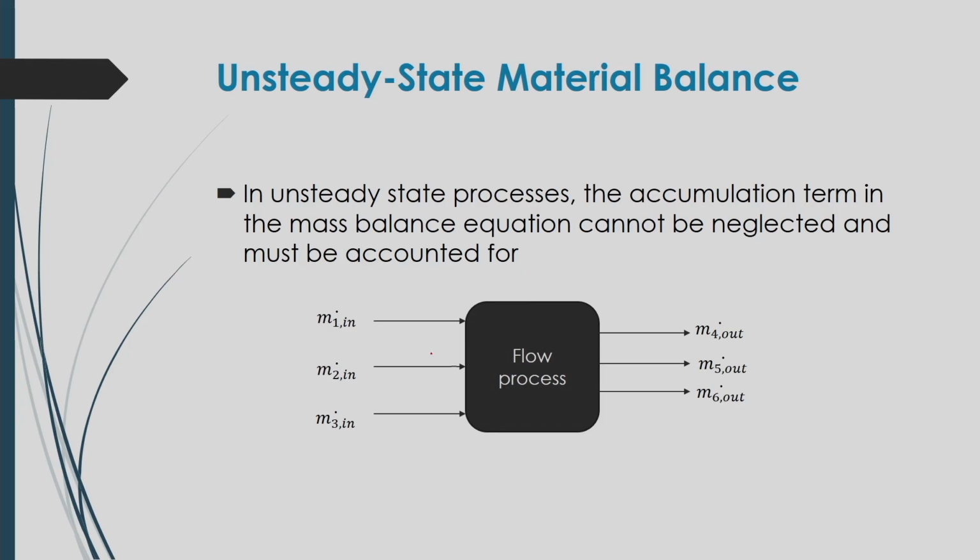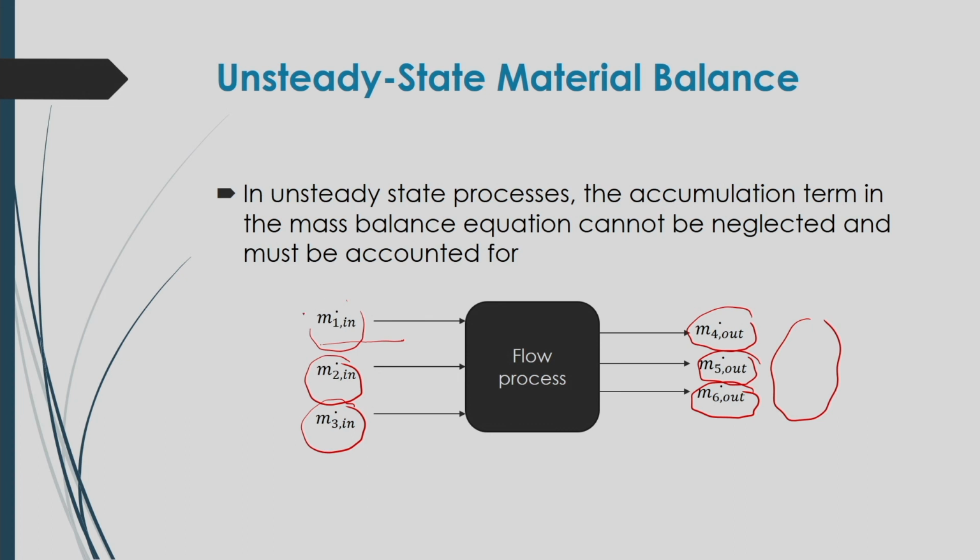Here, suppose in this flow process some material comes in at a mass flow rate of m dot 1, similarly another component m dot 2 and another component m dot 3, coming into this flow process unit, and they go out as m dot 4, m dot 5 and m dot 6 mass flow rates. Now if the total output is greater than the input, the amount in the system will be decreasing.